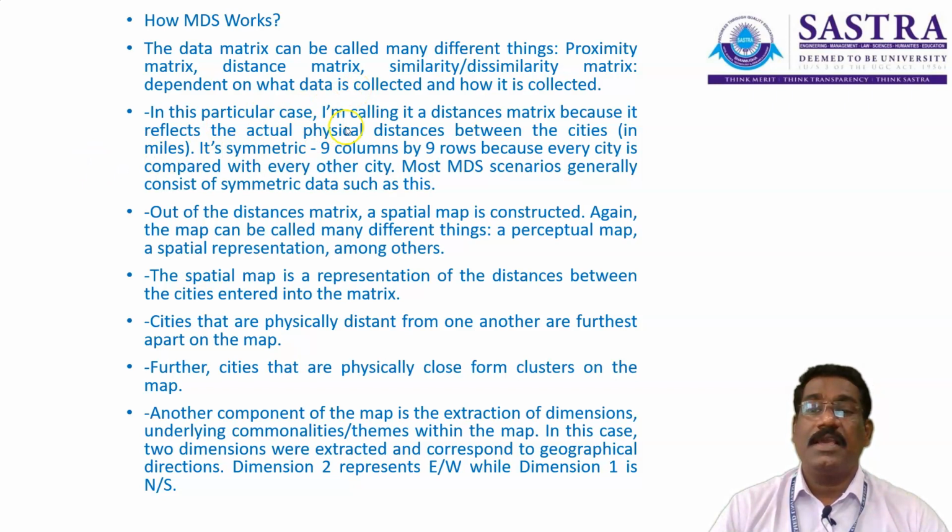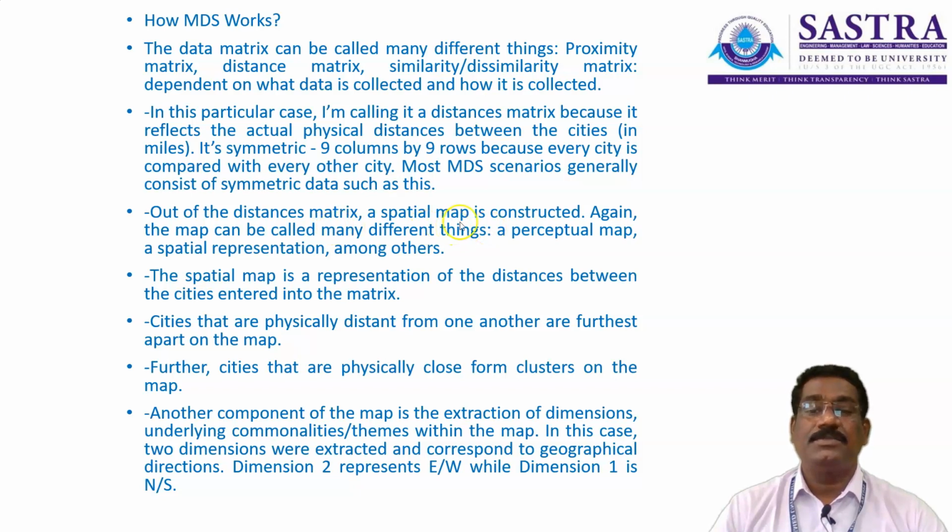In this particular case, I am calling it a distance matrix because we are calculating the distance between cities, because it reflects the actual physical distance between the cities in miles. It is symmetric, 9 columns by 9 rows, because every city is compared with every other city. Most MDS scenarios generally consist of symmetric data such as this.